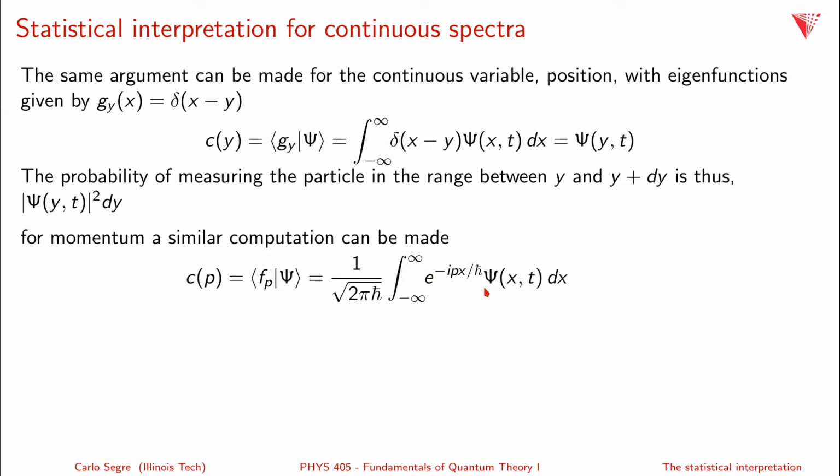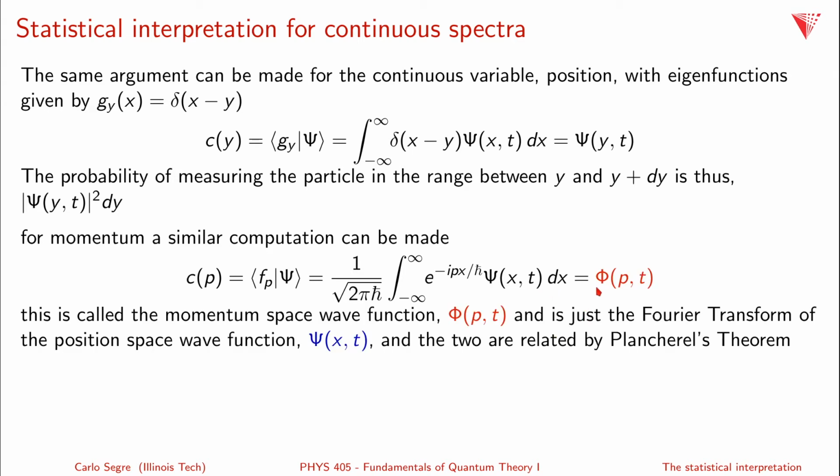And so you put that in the integral with psi of x and t, integrate dx over all space, and we get, if you recall, this function phi of p and t, which is the momentum space wave function, and it's just the Fourier transform of the position space wave function, psi of x and t.